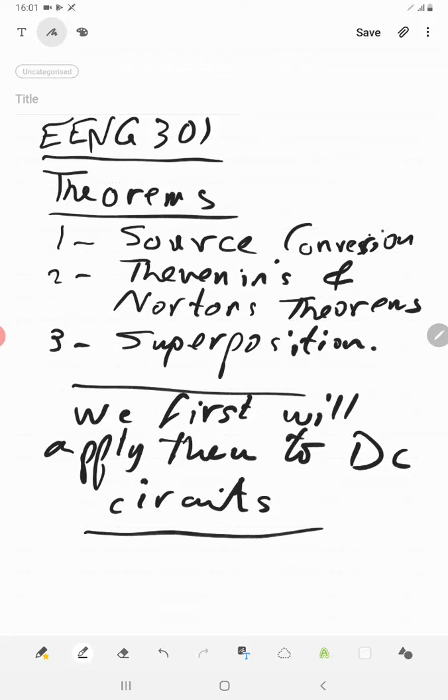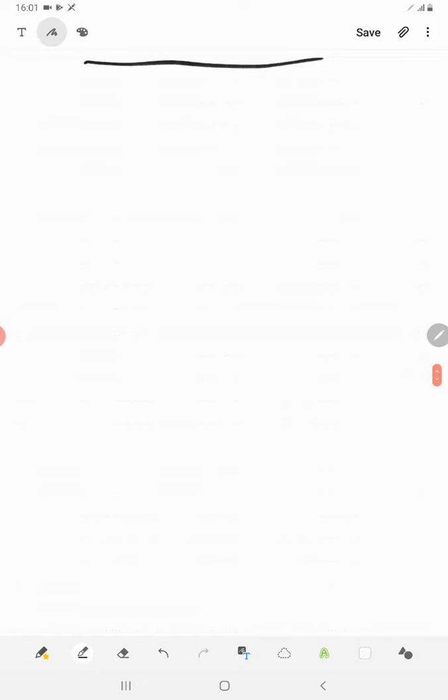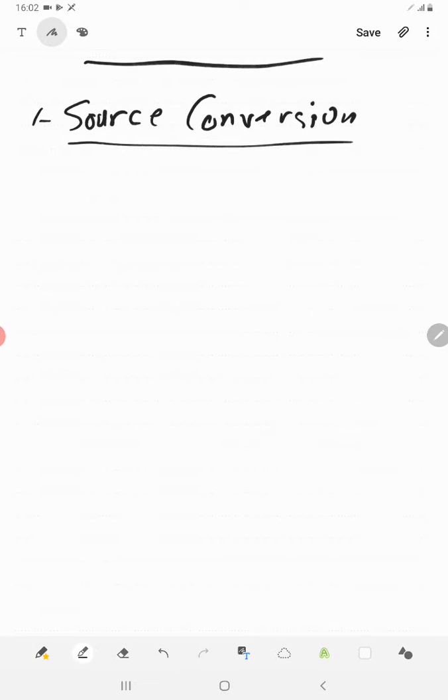We will start today with the source conversion. Let's see what is source conversion. Source conversion means we can transform a voltage source with a series impedance or resistance.